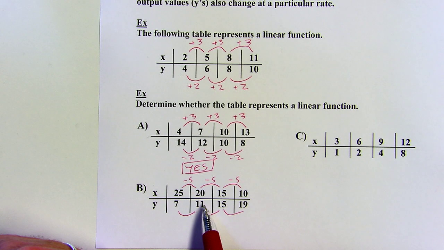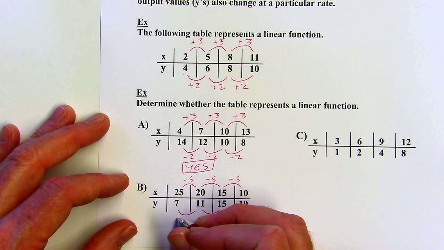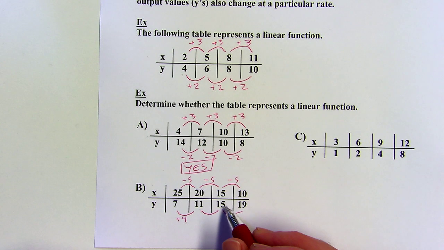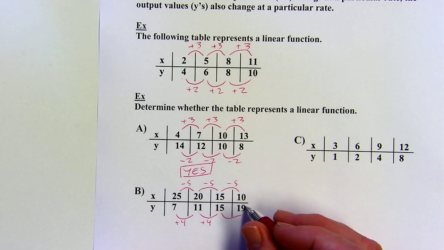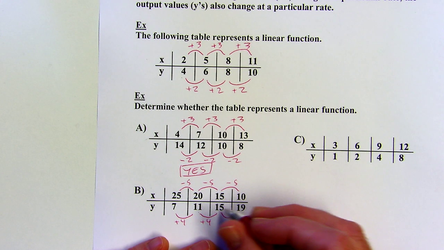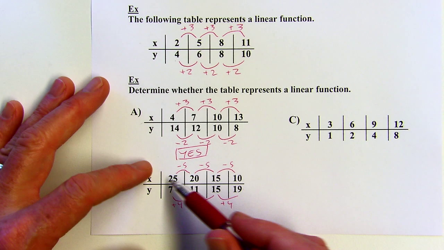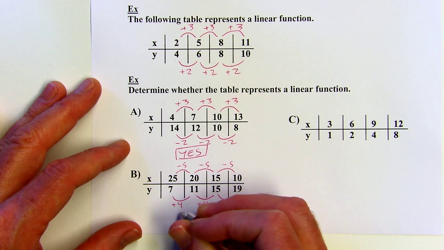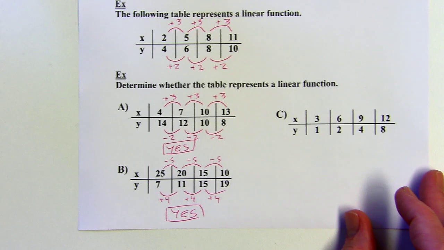Going that way I'd have to do the subtraction, but this way it will be addition. Since 11 minus 7 is 4, that's what I get. And then 15 minus 11 would be 4, so that has a difference of 4. 19 and 15, if I subtract, I get 4 again. So again, I got a steady rate of change for the x's and for the y's. That means I have a constant rate of change for the whole set of points, and that means a linear function would fit that, okay?